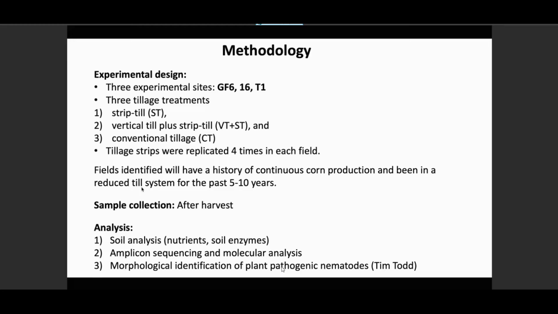We performed the amplicon sequencing and molecular analysis to understand the fluctuations in the community of nematodes, fungi, and bacteria. We also performed the morphological identification of plant pathogenic nematodes with Dr. Tim Todd at Kansas State University.